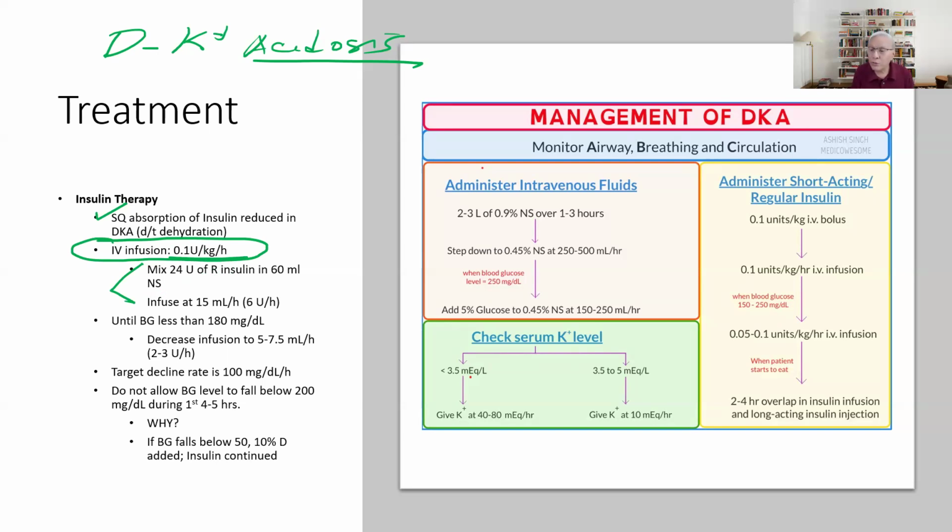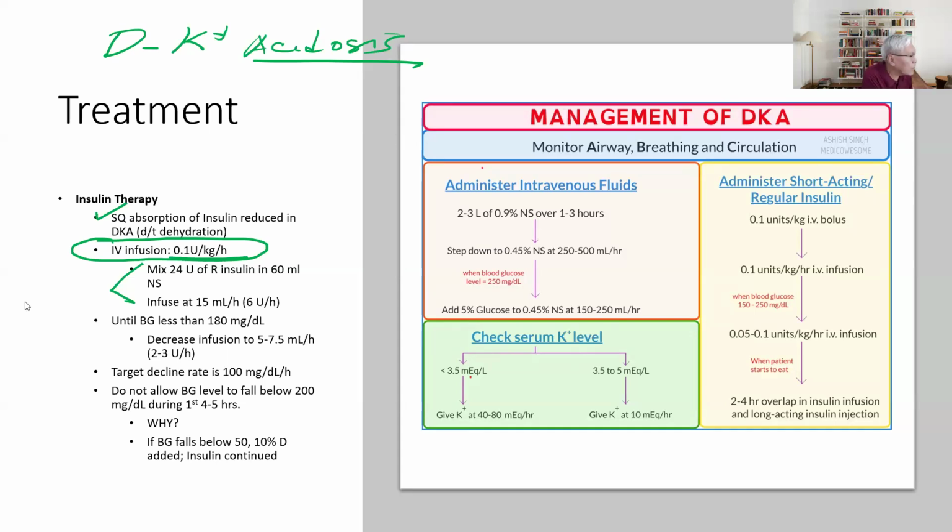And we have to check blood glucose levels every hour when we do this, because hypoglycemia may develop rapidly with correction of ketoacidosis, and therefore we want to make sure that we are not going to overdo it.